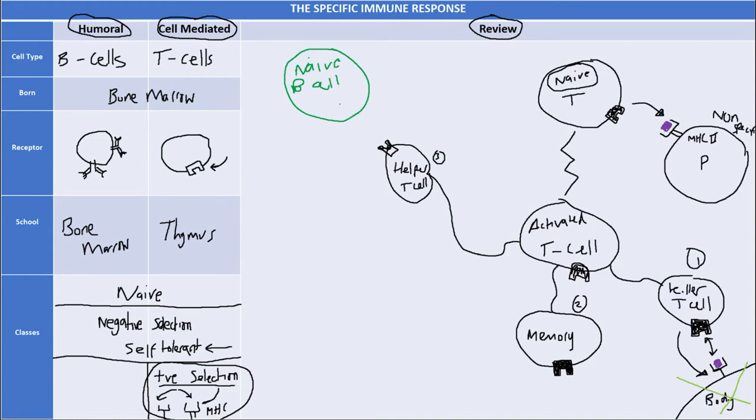Goodness me, I'm writing terrible, but you get the idea. Now, the naive B cell, remember, has an antibody ingrained all over its membrane, and that has a specific receptor on the end of it, and that receptor, you'll not be surprised to know, is the same or very similar to the pathogen on what would have been on this phagocyte here.